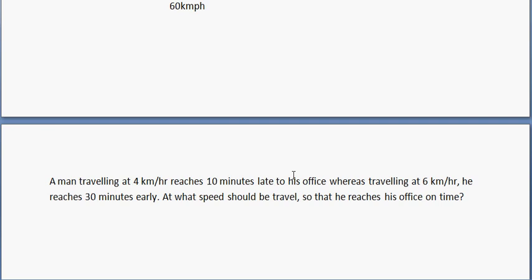So here again what you have to notice is distance is the same. So the proportion of the speed, which is equal to 4:6, should be equal to inverse proportion of the time. So it should be equal to T2 by T1, right? Now if walking at a certain speed he reaches office on time and takes T time, walking at 6 he reaches 30 minutes early, which means he is taking T minus 30.